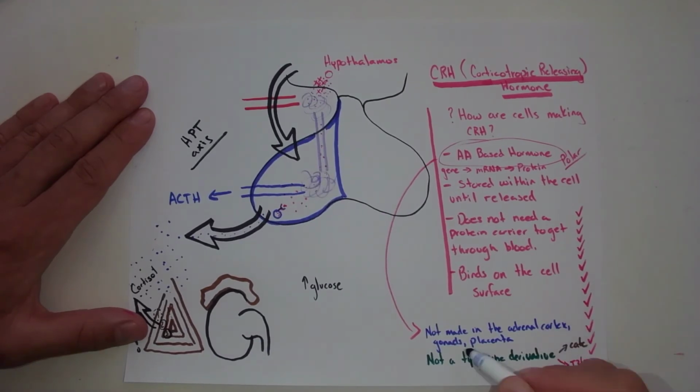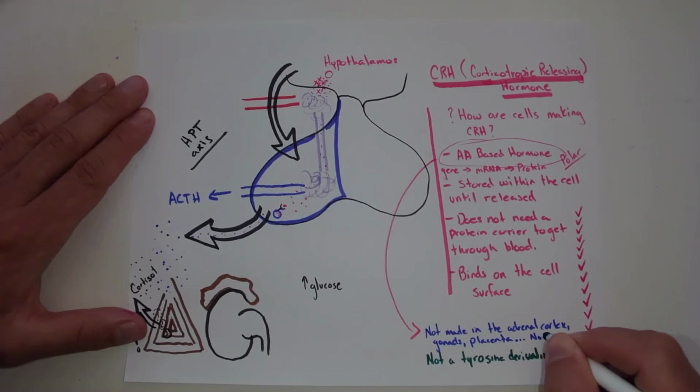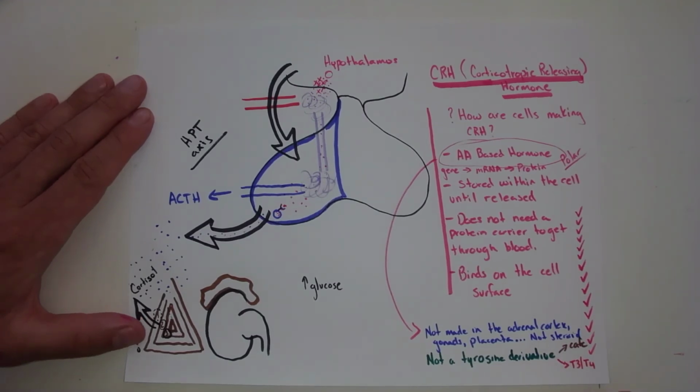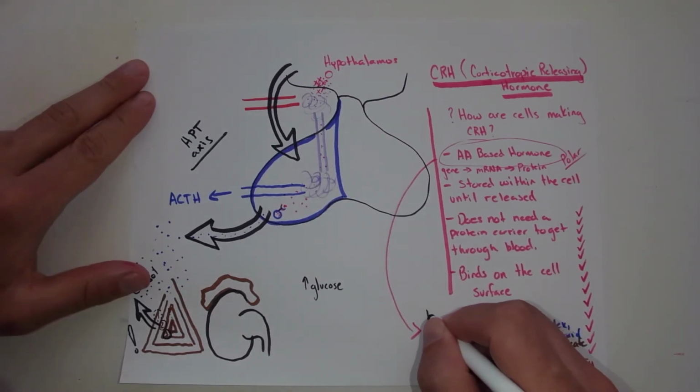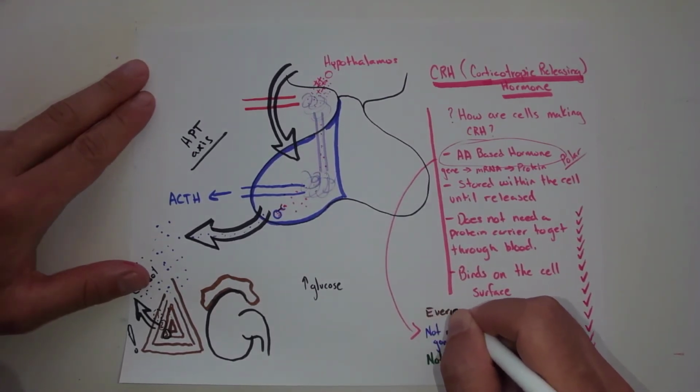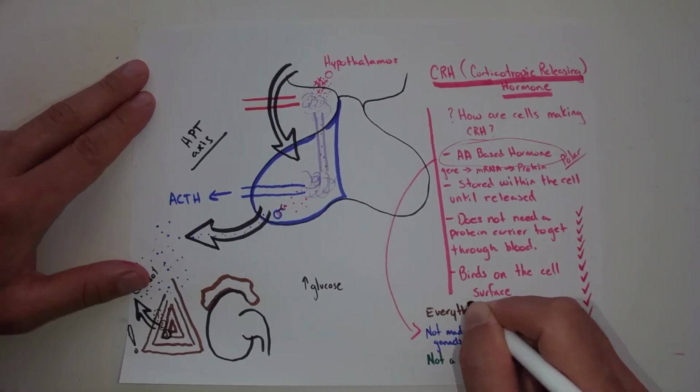And since it's not made in those places, with few exceptions, it's not steroid based. It's not a steroid, because only those organs make steroid hormones, with few exceptions we'll learn. It is amino acid based because it's one of the everything else.